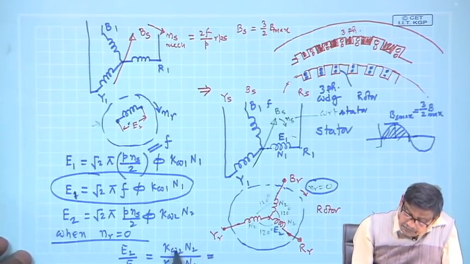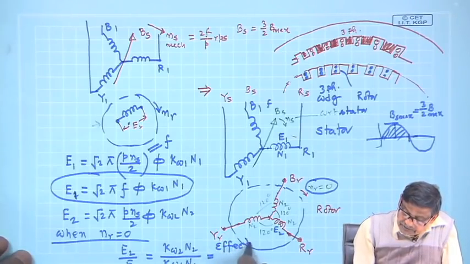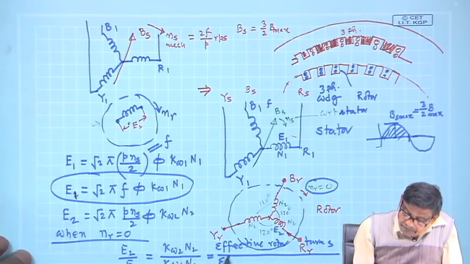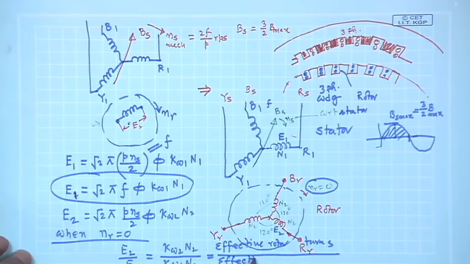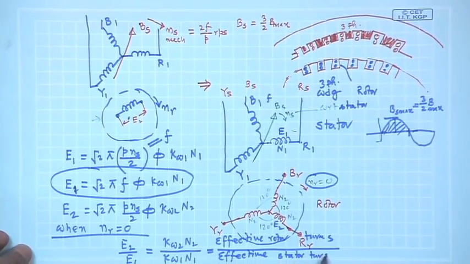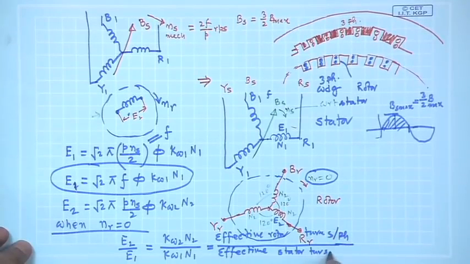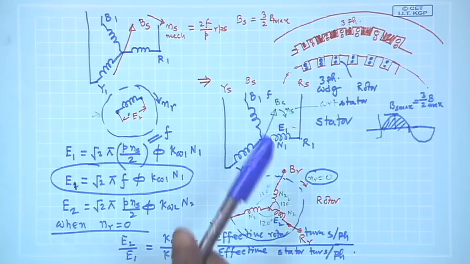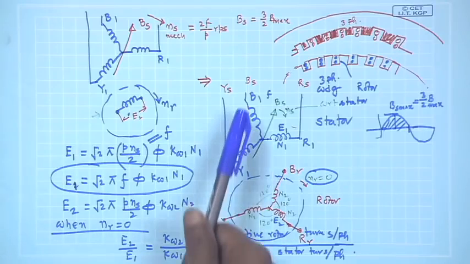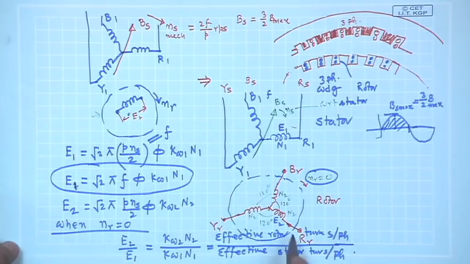So, this kw N2 is called the effective rotor turns per phase, divided by the effective stator turns per phase, here also per phase. So, it is almost like a transformer. What is the frequency supplied? F. What is the frequency of this secondary coil?